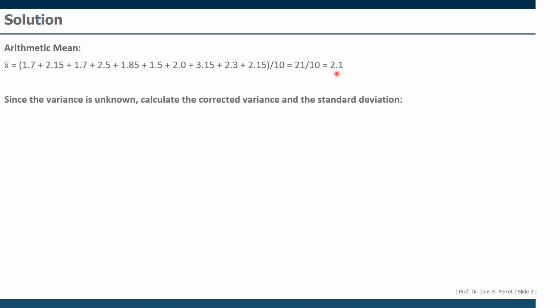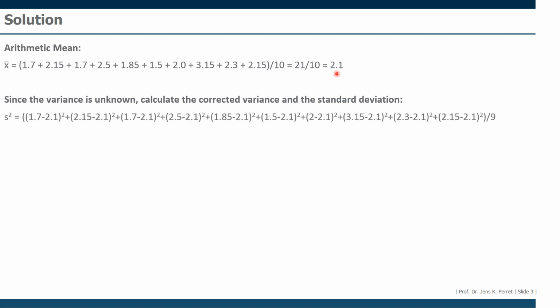So for the standard deviation, or rather in the first step for the variance, what we're going to do is for each value we have, so for the 1.7, 2.15 and so forth, we're always going to subtract the mean and then square the end result.